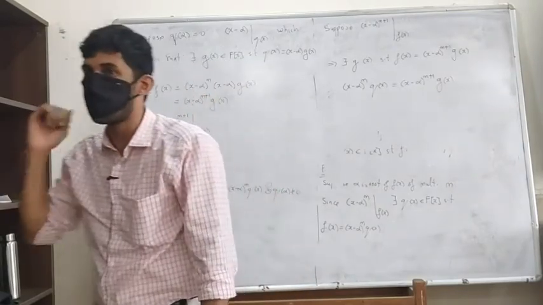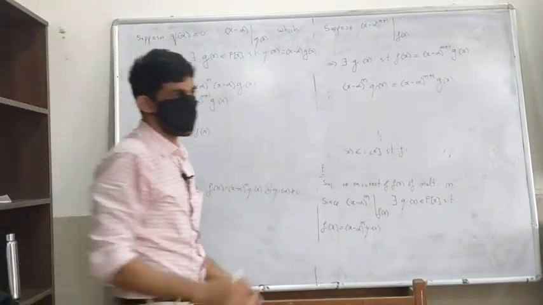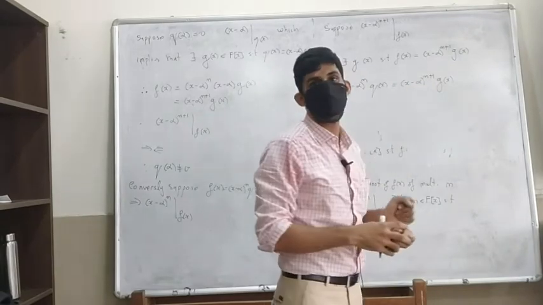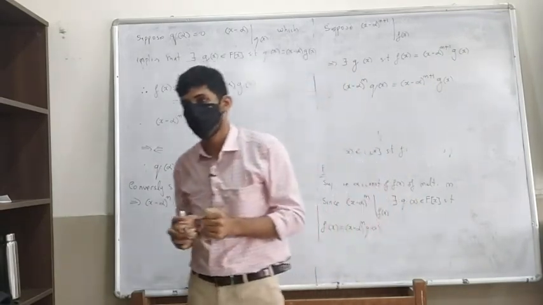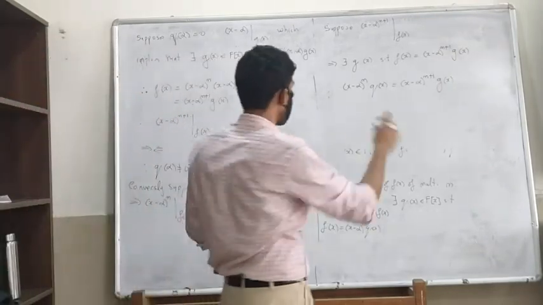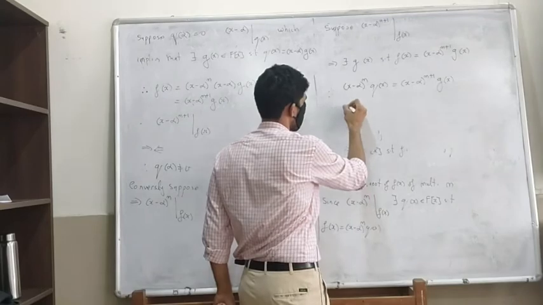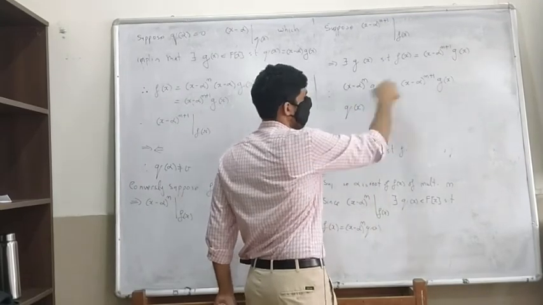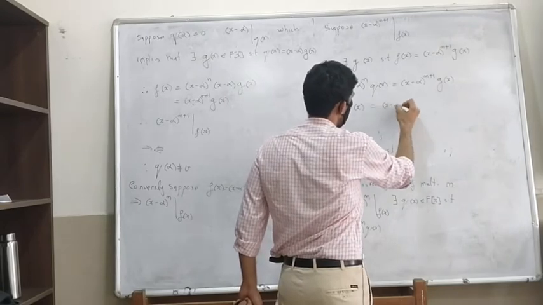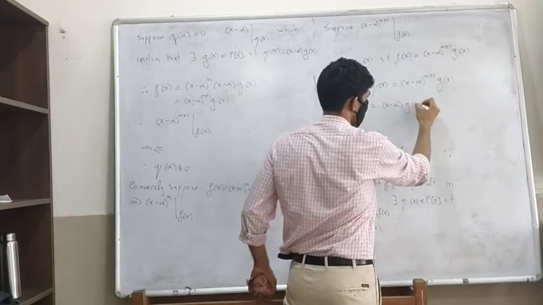Can you tell me why I can do that? Okay, so let me cancel and then we'll come back to it later. If I cancel that out, I will get q of x equals x minus alpha times g of x.